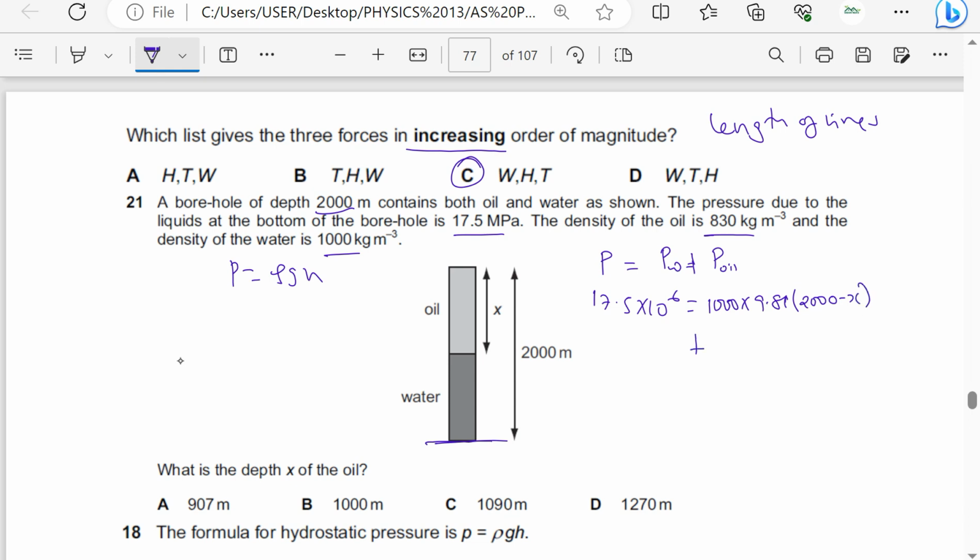Then plus the pressure due to the oil, which is the density, 830, times g, 9.81, times x, the depth. So I'm going to simplify this.